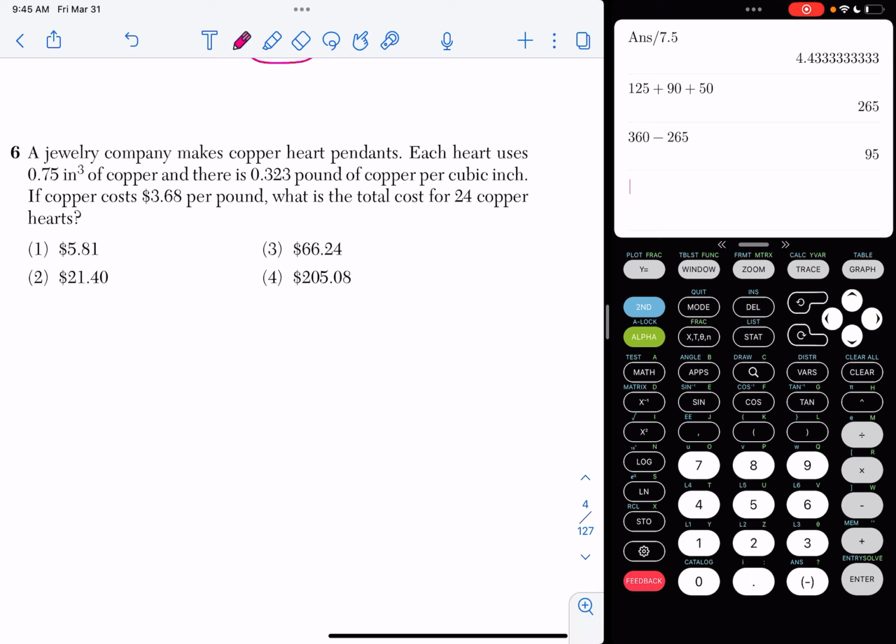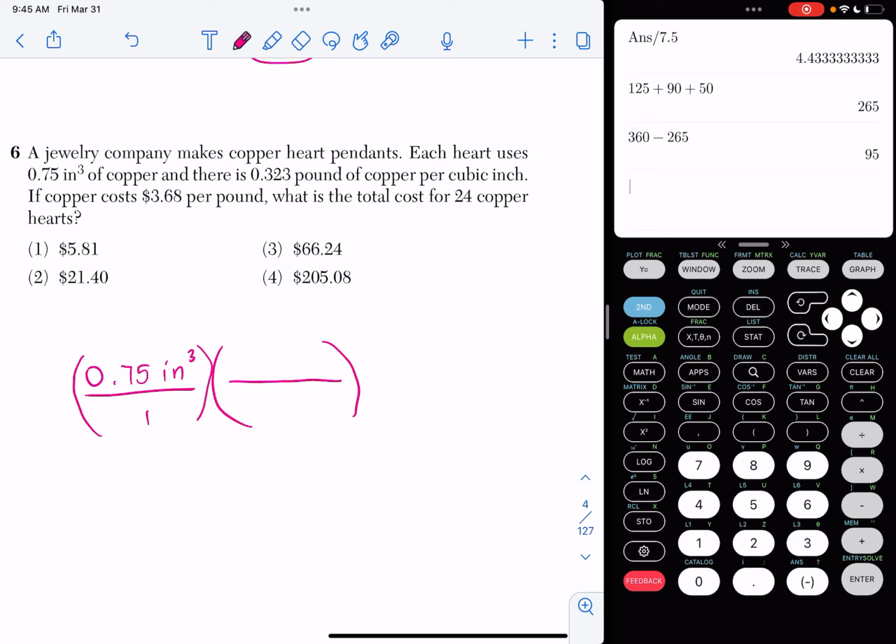So here's how I start. I just write down whatever the first fact they gave me was, which is each heart uses 0.75 inches cubed of copper, and I like to put that over 1. I know that my end goal here is to figure out dollars. I have to get rid of every other unit.